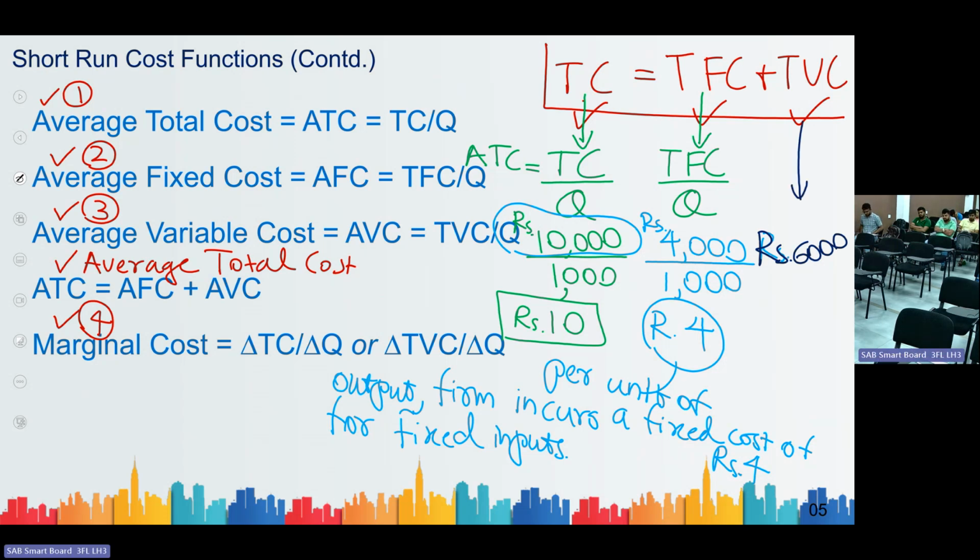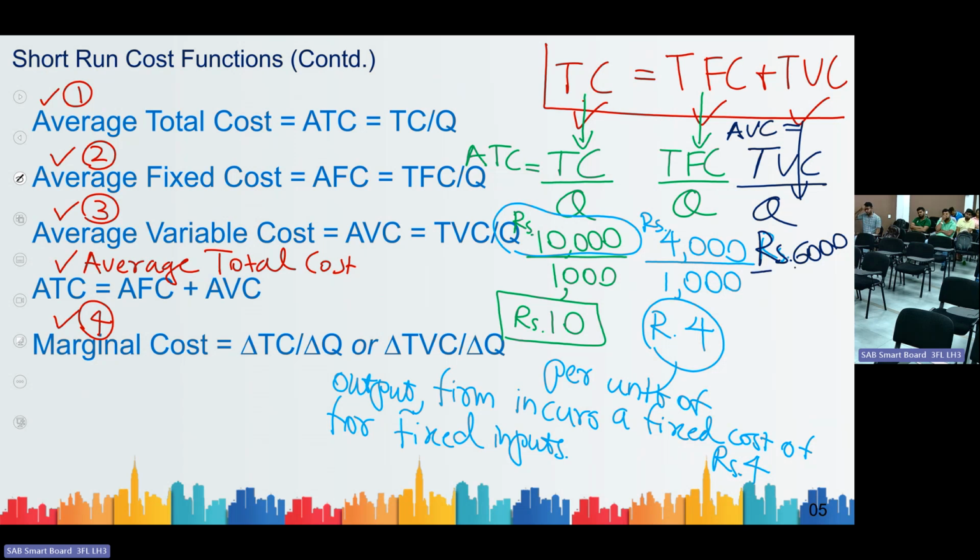From total variable cost, we calculate average variable cost. Average variable cost is total variable cost divided by output.